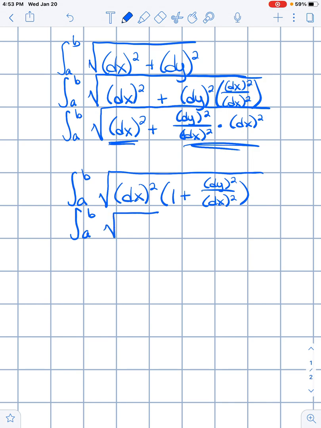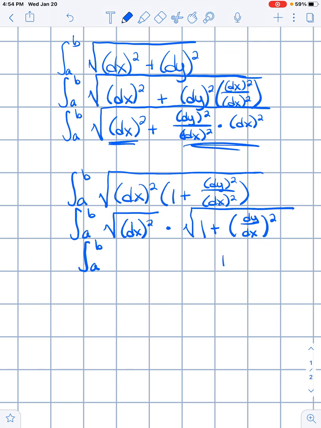So for example, I can write this as the square root of dx squared times the square root of 1 plus, and I'm going to rewrite that dy squared over dx squared as dy over dx, the whole thing squared, because dy over dx is something that we recognize. All right, now we're getting to a form where we can start to use this.